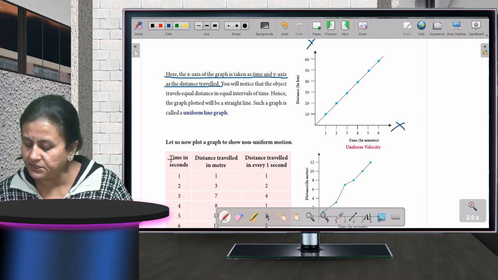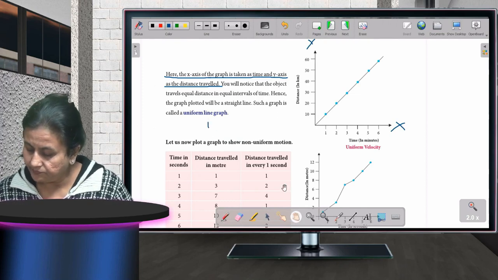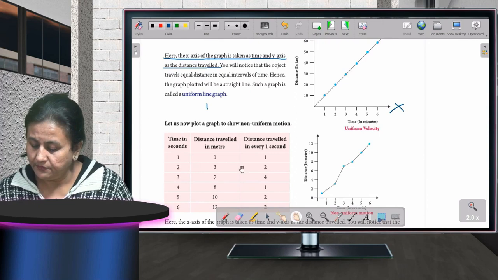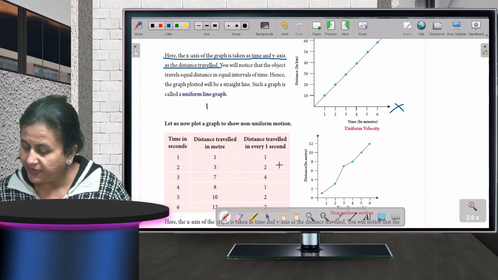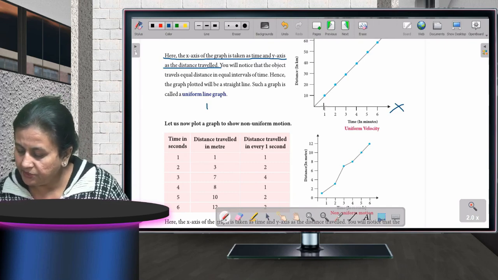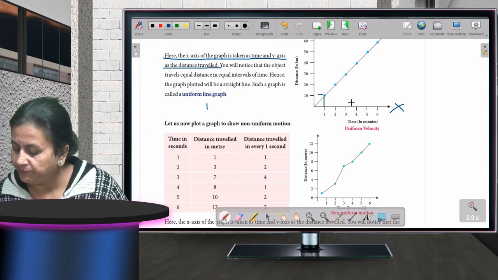Now with its help, what are you going to plot? The points. So if I say in 1 minute, how much distance is traveled? 10 kilometers. In 2 minutes, how much distance is traveled? 20 kilometers.